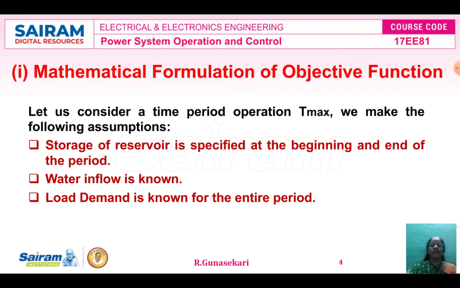The second one is that the water inflow, Q in, is known. The third one is that the load demand, PD, is known for the entire period. The period may be hour, week, month or year, whatever it may be, but we should know the load demand for the entire time period.